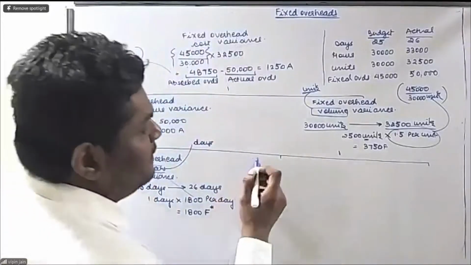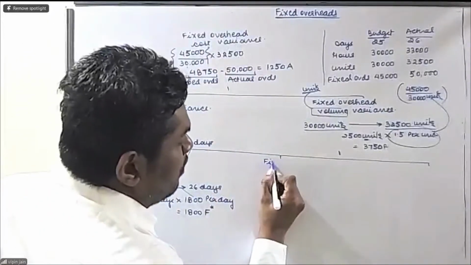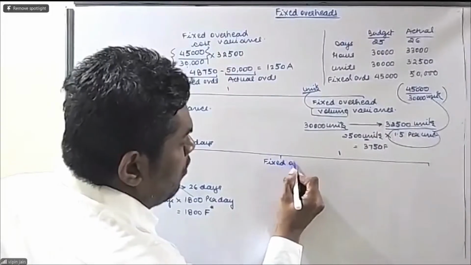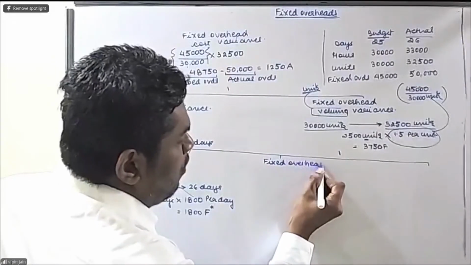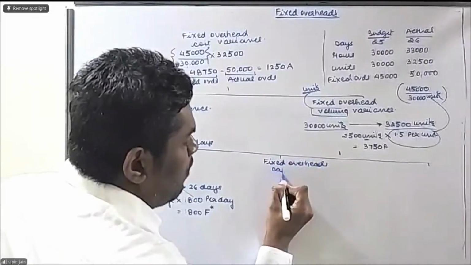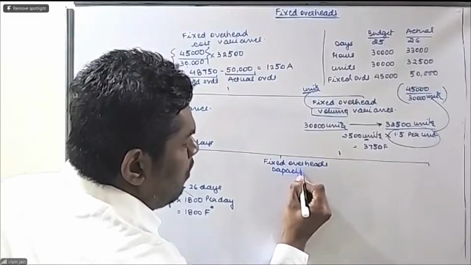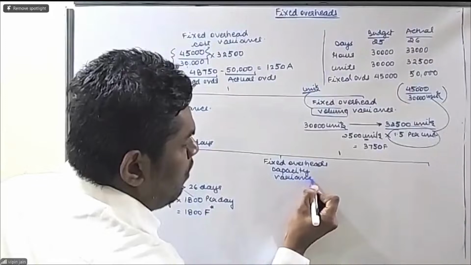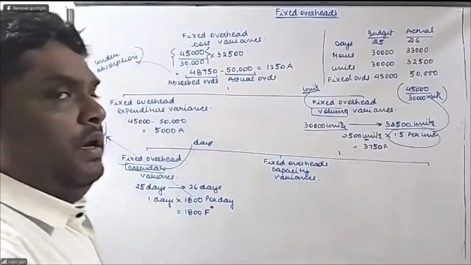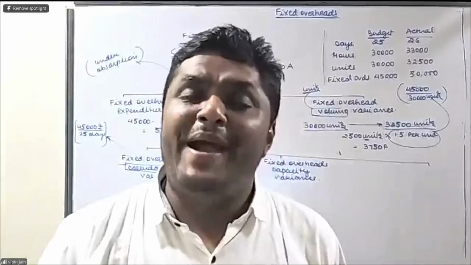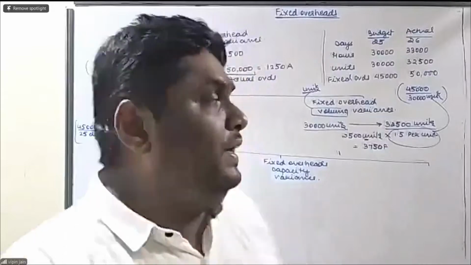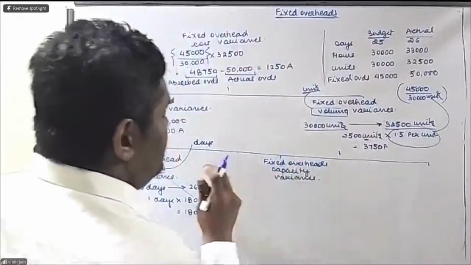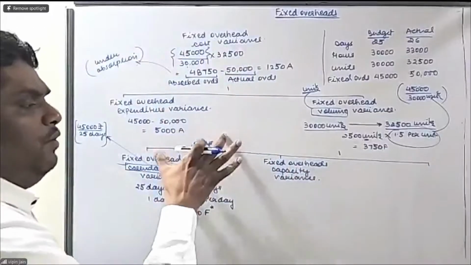Now next is fixed overhead capacity variance. When talking about capacity variance, see, calendar variance talks about days.